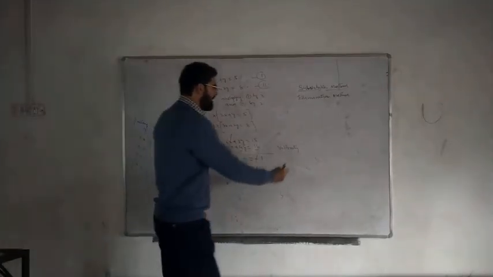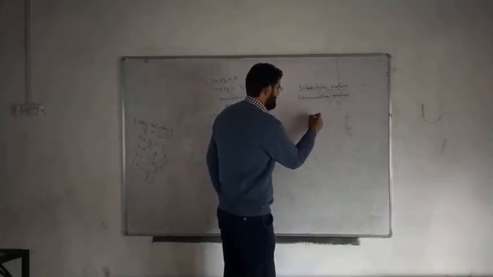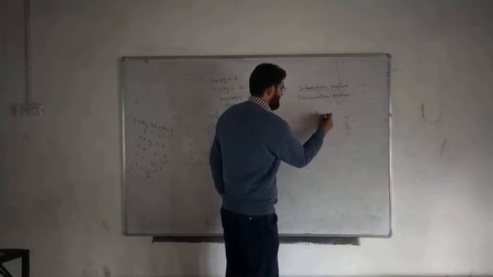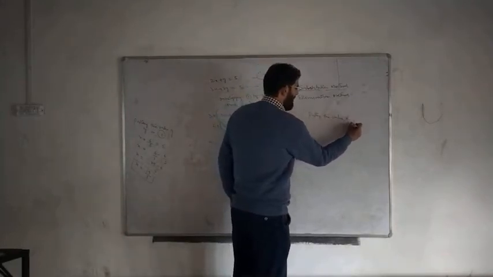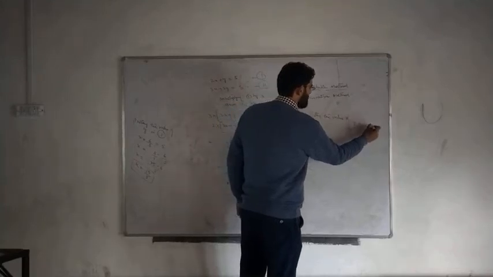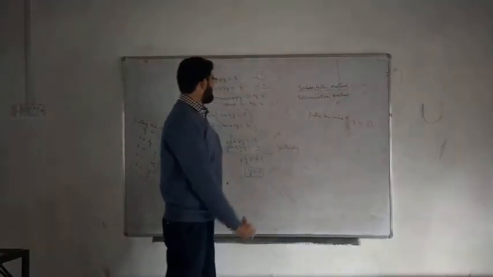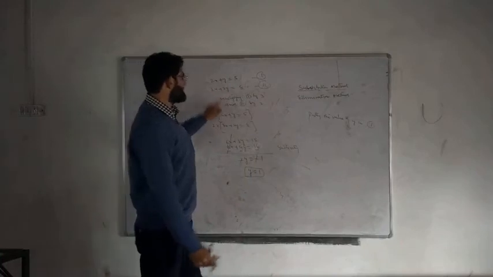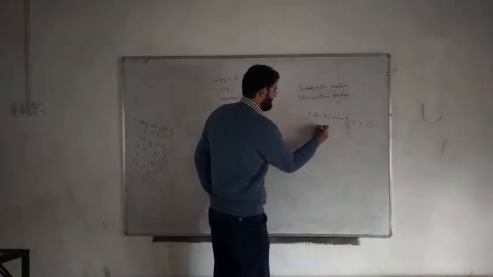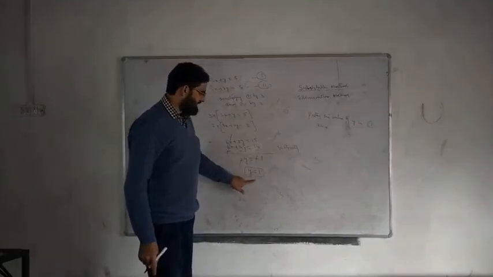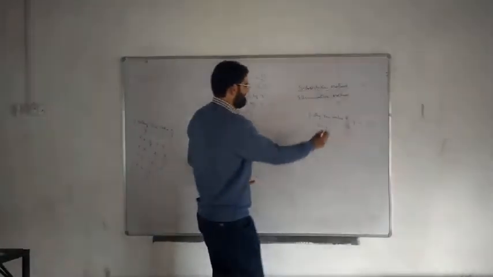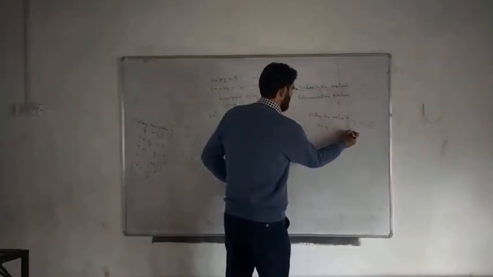Now putting the value of y in equation first. Our equation first is 2x plus y, and instead of y we shall write this value, that is 1, so 2x plus 1 is equal to 5.